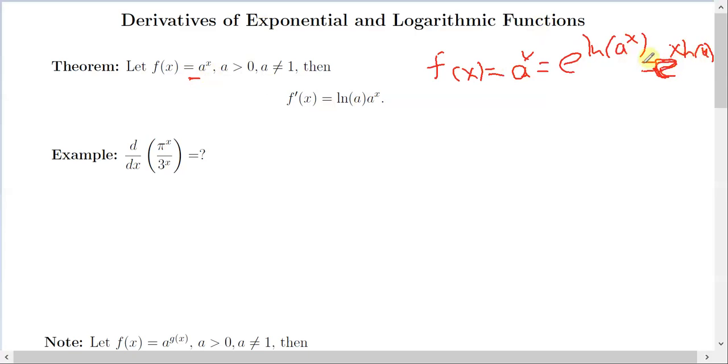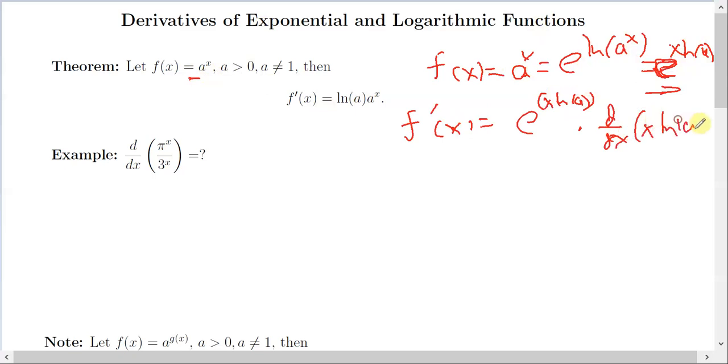So now I can take the derivative of this because this is an exponential function. And so the derivative, we know by the chain rule, we take the derivative of e, which is e to the blank. We put the inside function back in, which is x natural log of a, and then we multiply by the derivative of the inside function. Well, that's the derivative with respect to x of x times natural log of a.